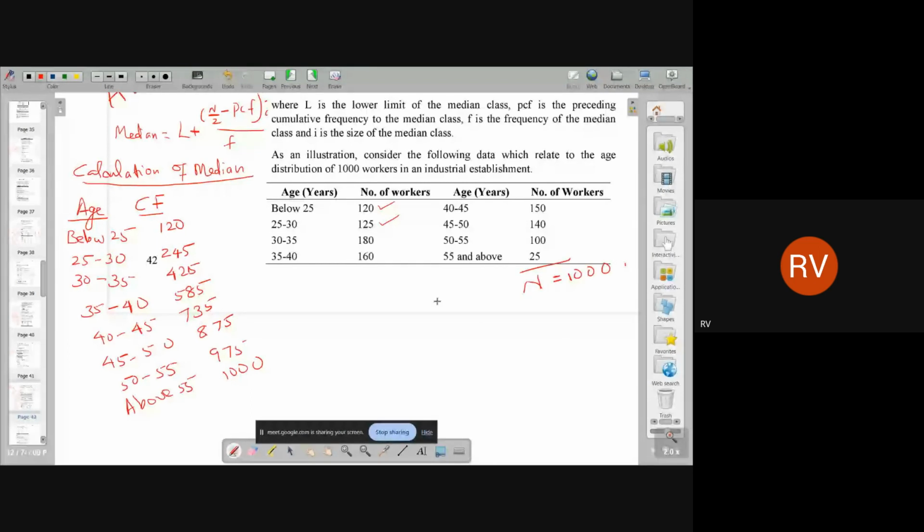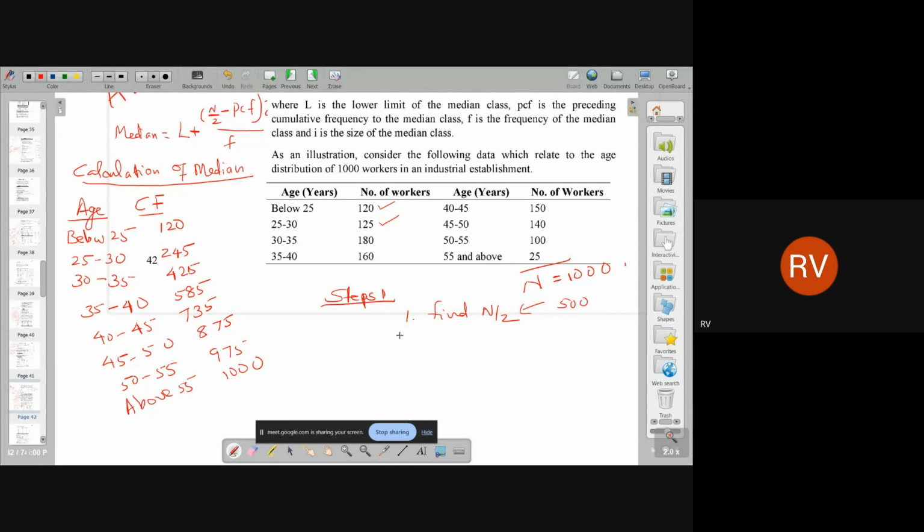Then the first step: find n by 2. That is computation of median. First, you have to find n by 2. N is 1000, so n by 2 is equal to 500.